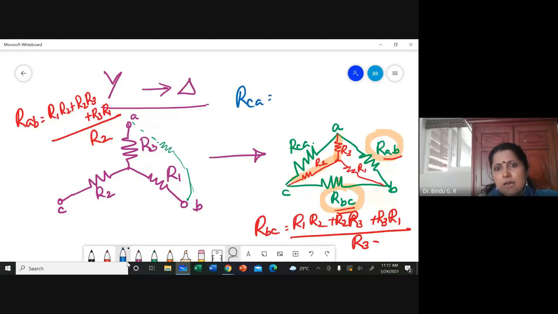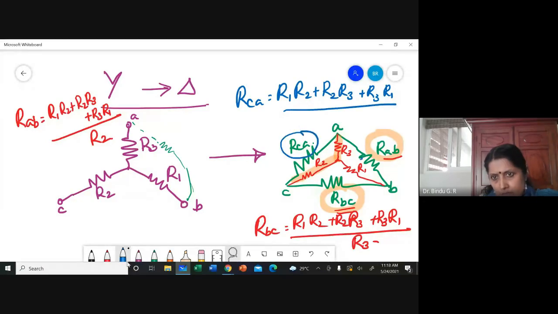RCA will be (R1 R2 + R2 R3 + R3 R1) divided by R1. Just remember these equations, not by heart, but you should know. When you convert from star to delta, you take the sum of the products of two resistances divided by the resistor which is opposite to that arm of the delta.